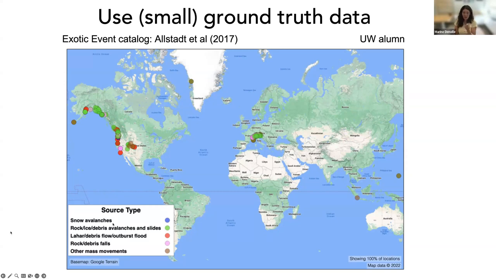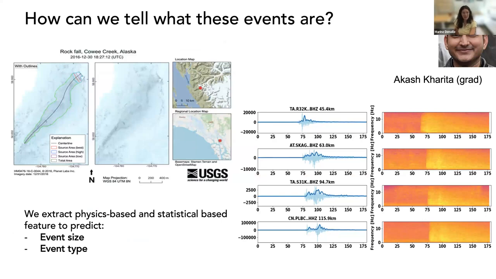So the source types now can be snow avalanche, rock or ice, or rock and ice, debris avalanche and slide. There's a lot of jargon and description of these processes that make it actually kind of hard to classify. But anyway, these are very nicely collected everywhere in the world that we have seismometers and seismologists typically. So I'll show you an example. This is work done by Akash Karida, who's also a grad student here.